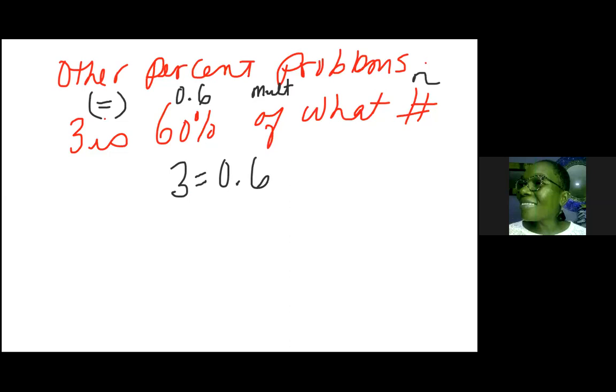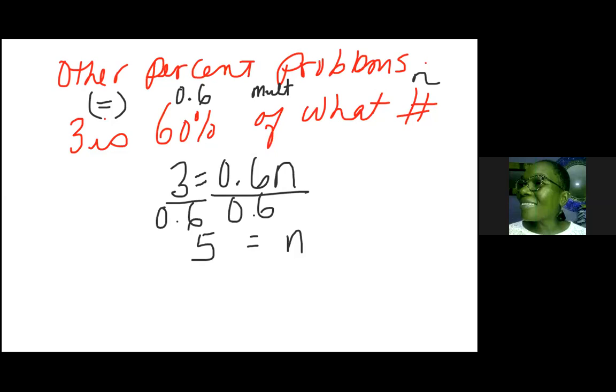You just put the variable right here, guys, next to the number. So this is the equation you would end up with. And then to solve it, you would divide both sides by 0.6 and throw this on a calculator and let the calculator calculate it for you. So this would come out to be 5. So 3 is 60% of 5.